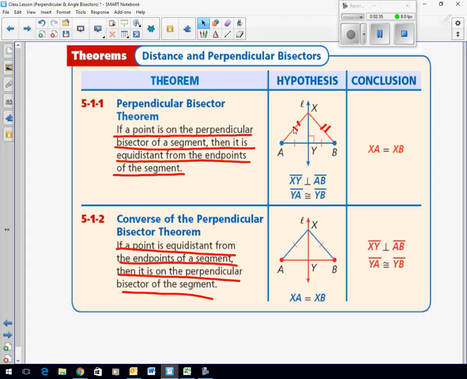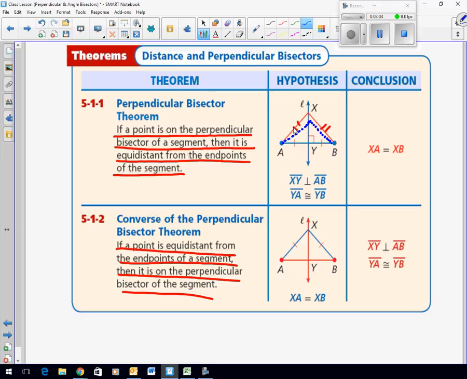Here's what I think you've got to understand so that you really understand this. Any point on line L is going to be equidistant from A and B. All those points have to be equidistant, because they're on the perpendicular bisector.